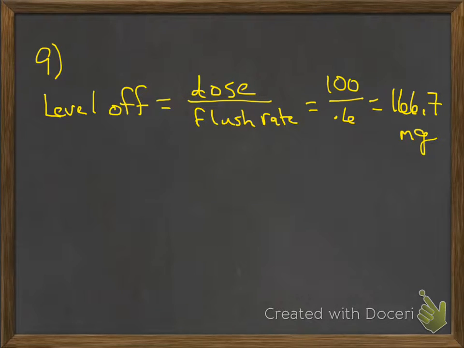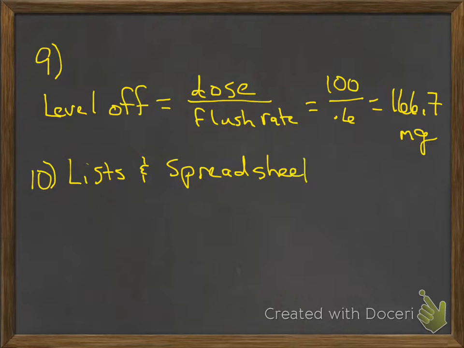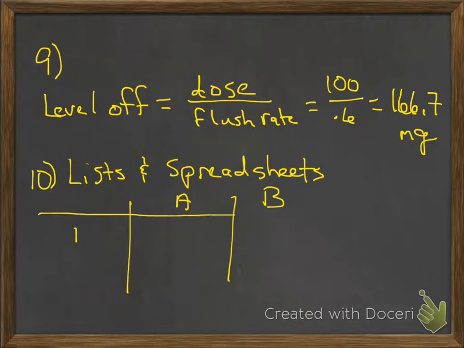Now, to get number 10, what I would do on the calculator is use a Lists & Spreadsheet page. If you think of this in columns, column A, column B, in row 1, you're going to have a 1. And then here, whatever your dose is, in this case, 100.